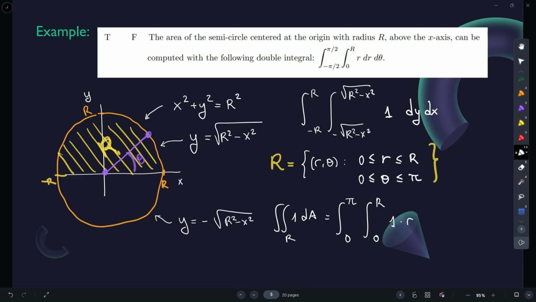Remember that that is r dr d theta. And you can see that this does not agree with this.